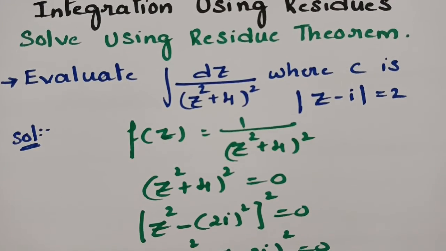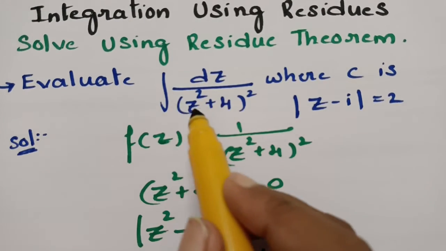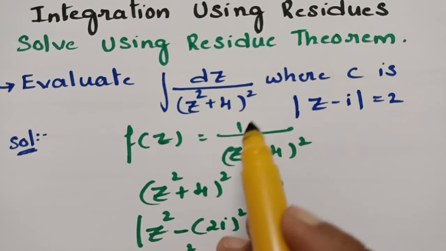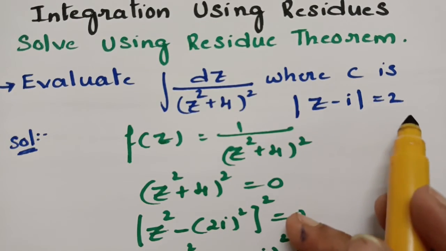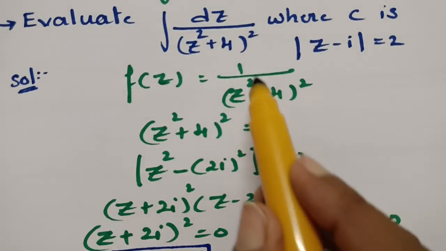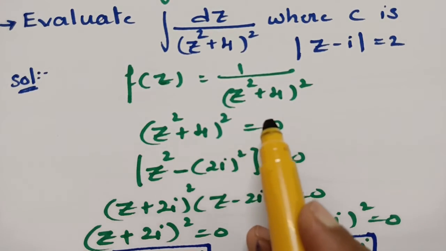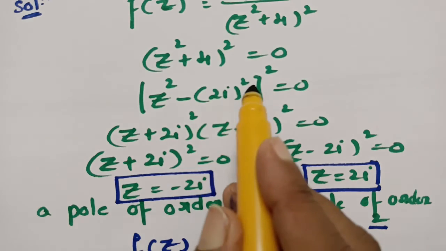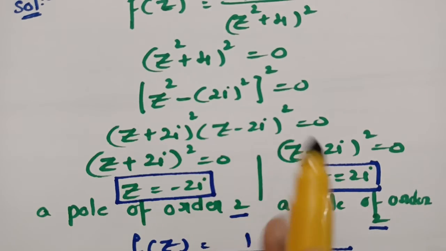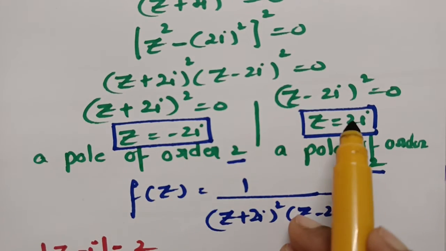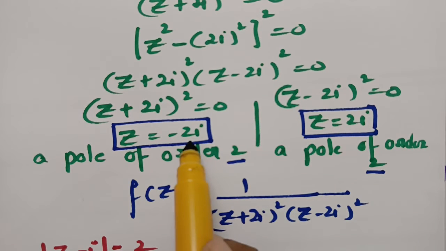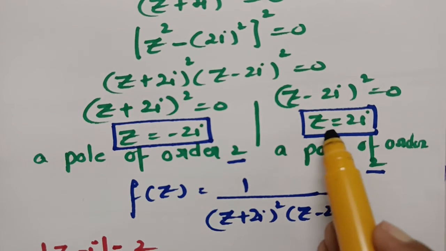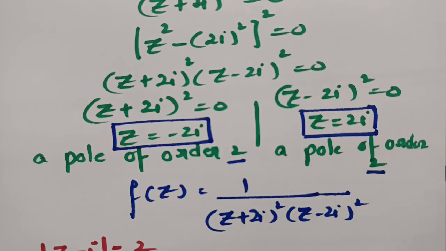First of all, it is given that we have to evaluate integral f of z dz where C is mod z minus i is equal to 2. So f of z is this one, and in order to find the poles we have to equate the denominator to 0, and after writing it in the form of a square minus b square, this is (a plus b) into (a minus b), and after equating to 0, we got z is equal to minus 2i is a pole of order 2 and z is equal to plus 2i is also a pole of order 2.